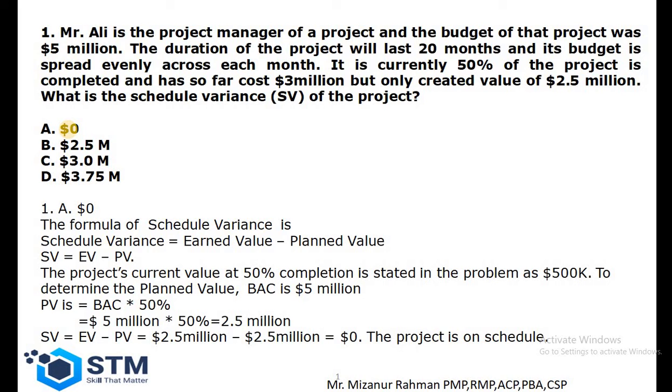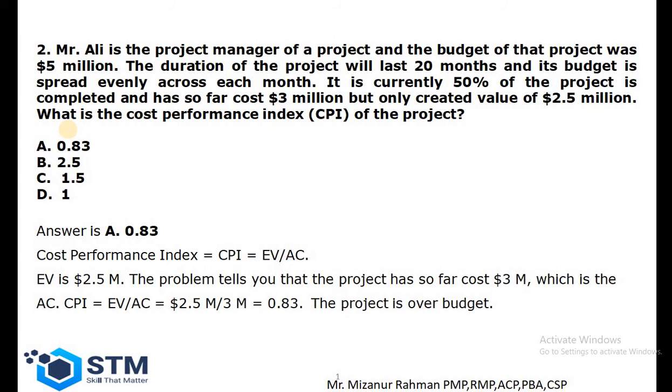The answer is A. The same question, if we look here we have to calculate the cost performance index. The formula of the cost performance index is the earned value divided by actual cost.